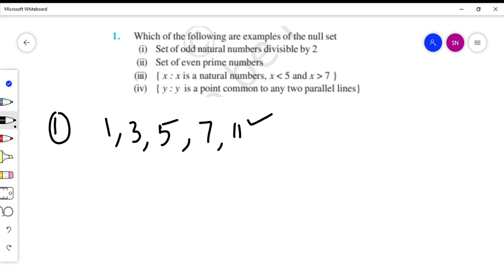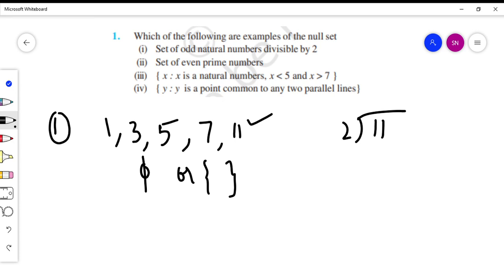For example, obviously 11 is not divisible by 2. I will get a value in decimal point. So therefore, my first one is a null set. Or I can write this as two curly brackets wherein I keep the inside empty to denote it to be an empty set.